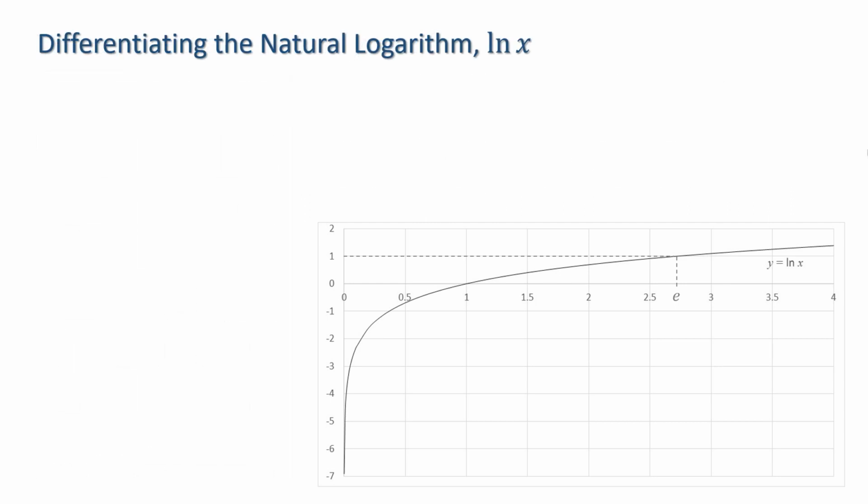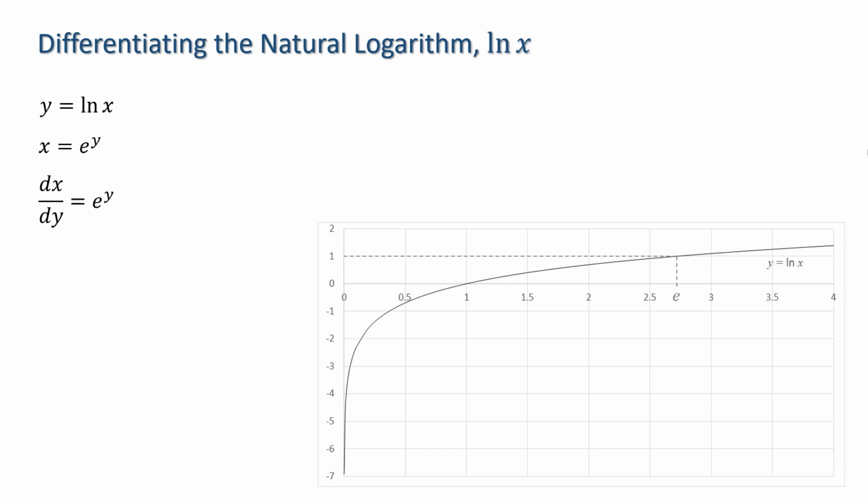Finally, we want to know how to differentiate the natural logarithm. If we write y equals ln x, then we know, by definition, that x equals e to the y. Well, we know how to differentiate this. We have dx by dy equals e to the y.